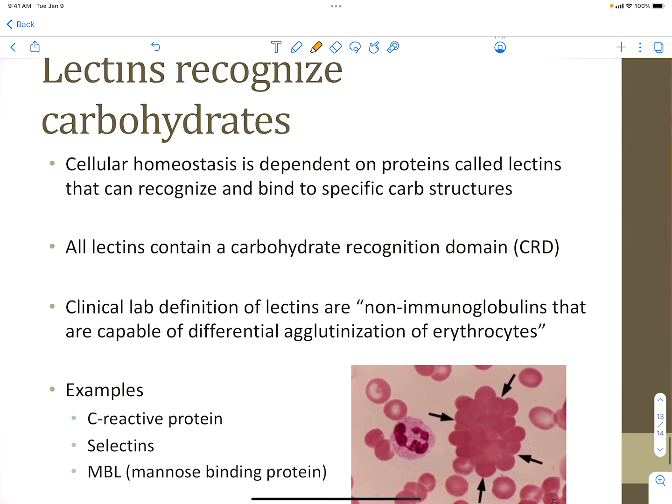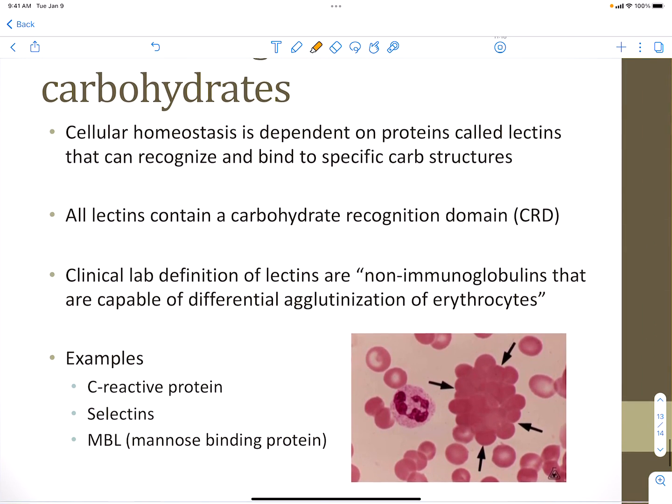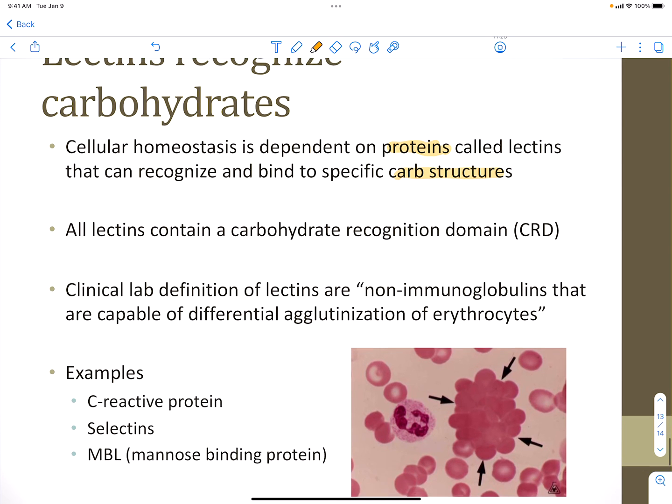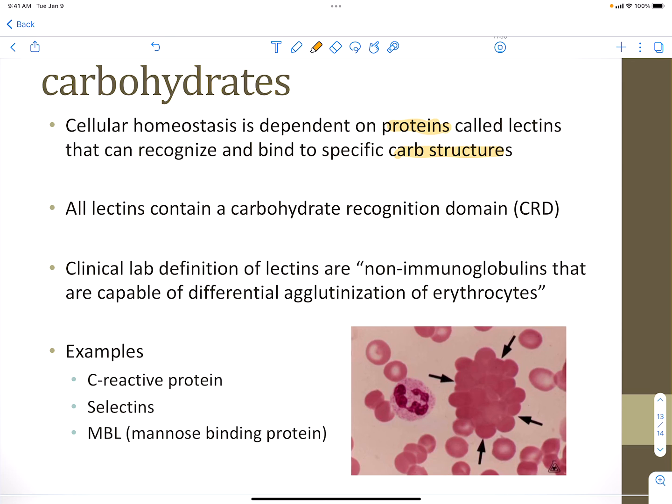Now, lastly, we want to talk about lectins. Lectins are proteins that recognize carbohydrate structures. The lectin itself is a protein, and it recognizes carbohydrates. They all contain what is called a carbohydrate recognition domain, or CRD. A lot of times pathogens, viruses, and bacteria will recognize carbohydrates, so they'll have lectins associated with them.